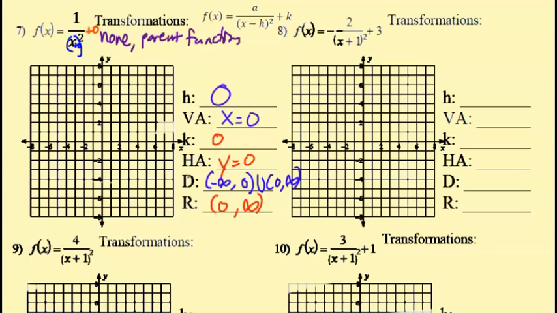Let's graph the asymptotes. So we have a horizontal asymptote at y equals 0. And then we have a vertical asymptote at x equals 0. Now, if you were to plot some points on a table, the graph's curves are now going to be in quadrants 1 and 2 instead of 1 and 3.